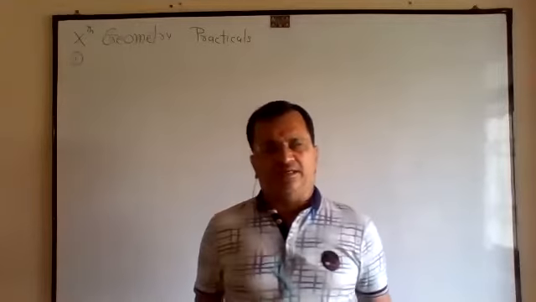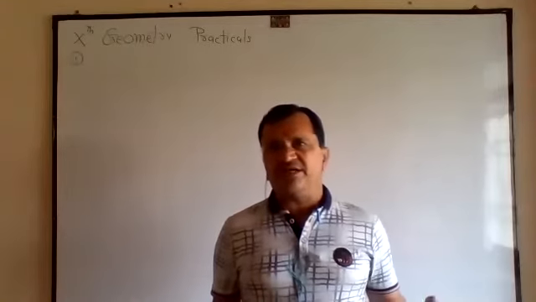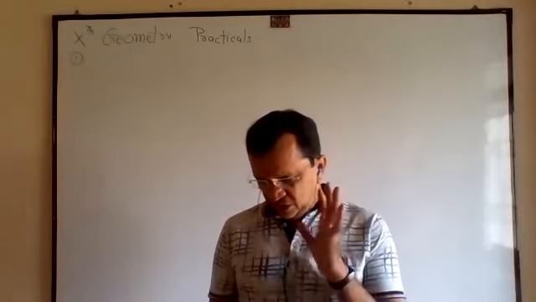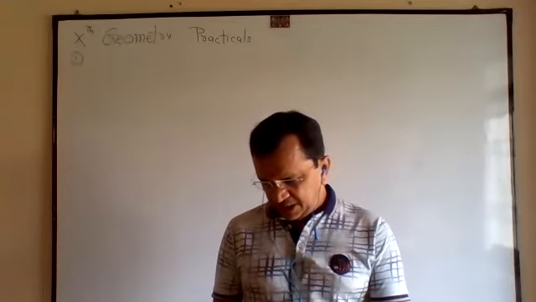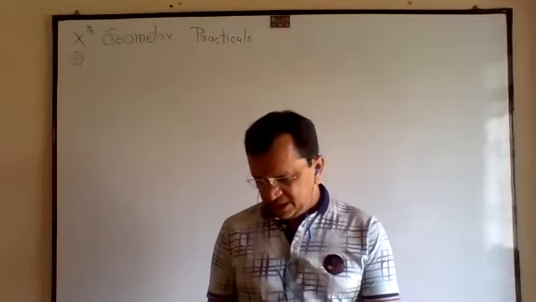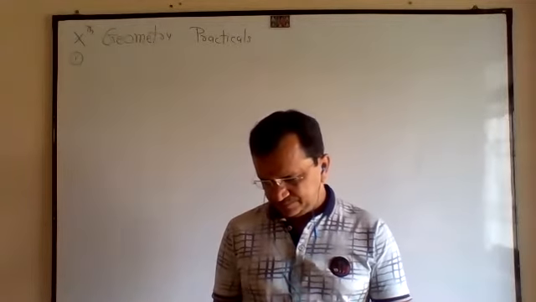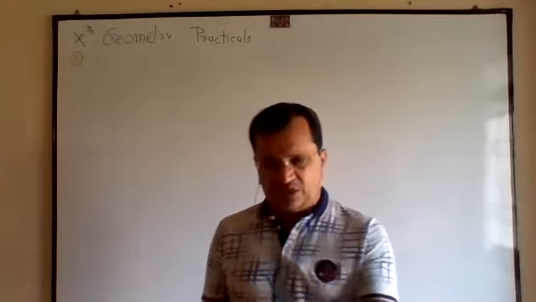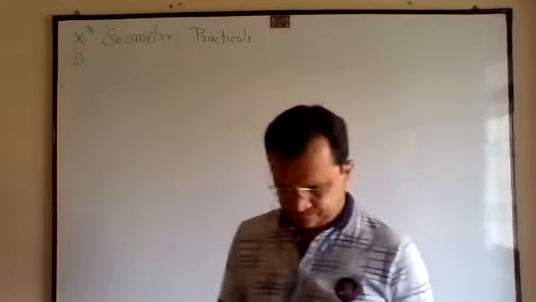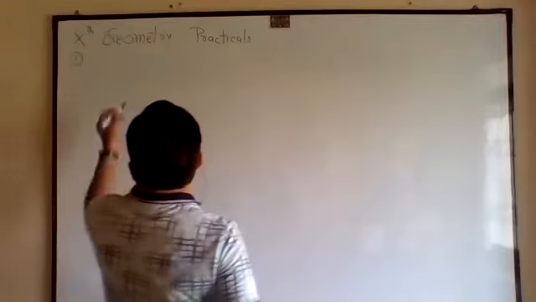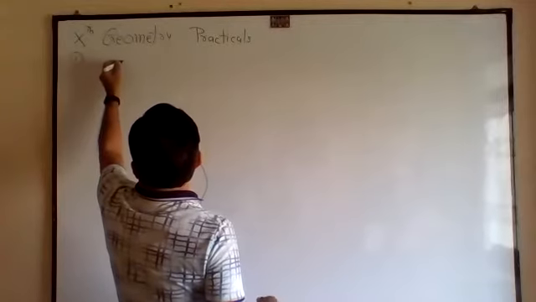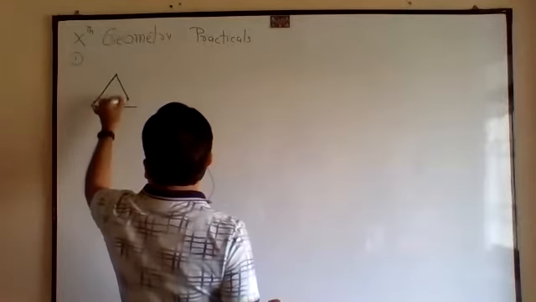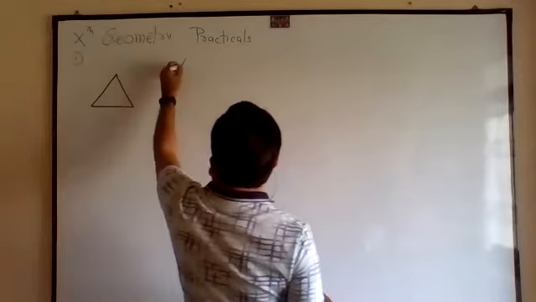Okay, so there are 6 points for two similar triangles that we have to take the readings of, compare, and fill in a table. Triangle ABC and PQR.